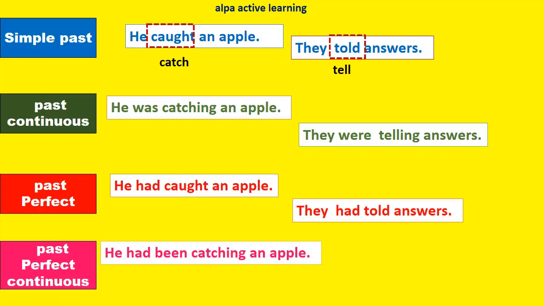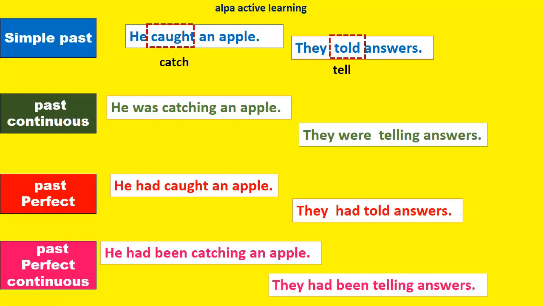We will put been and ing to the base form. See, I am repeating this because in past tense you may make the mistake of writing caughting, tolding. No, recollecting the base form is very important. So this will be he had been catching an apple and they had been telling answers.